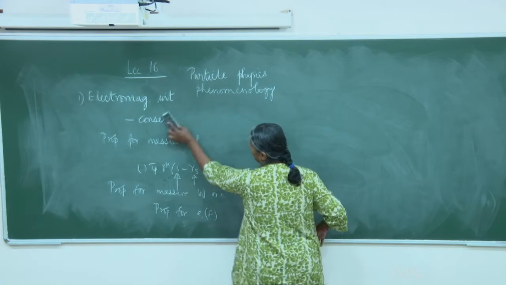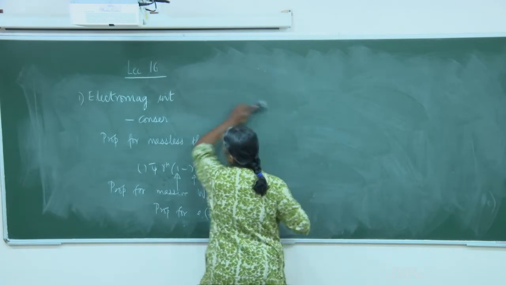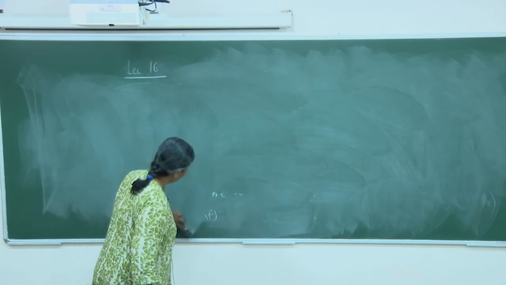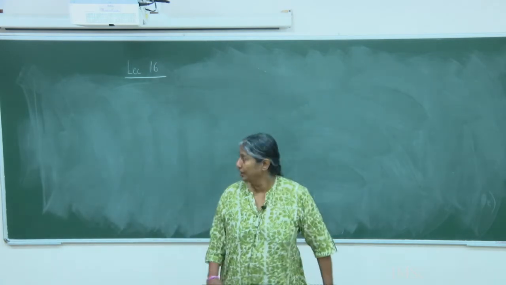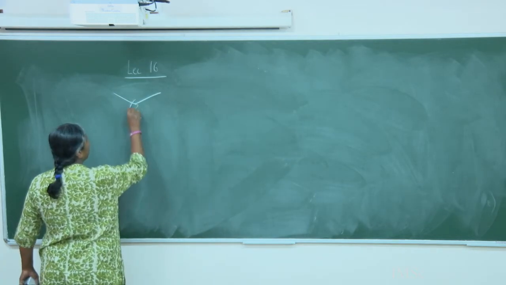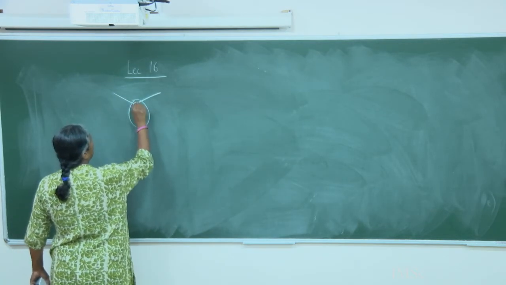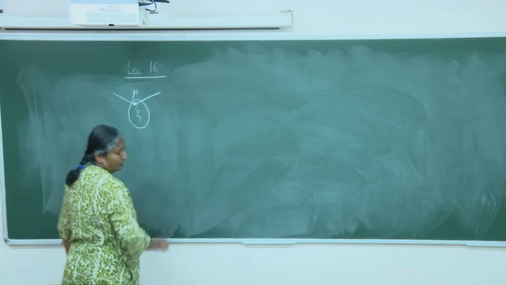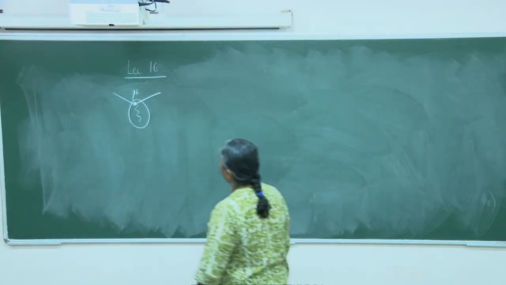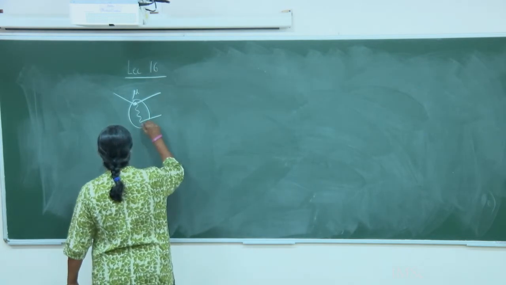Now shall I start the calculation? Is it clear what I have done now in my model? I am going to write a vertex which does not have this piece, but where I remember the vertex is mu. And then I am going to have another vertex over here. So this is my muon decay.